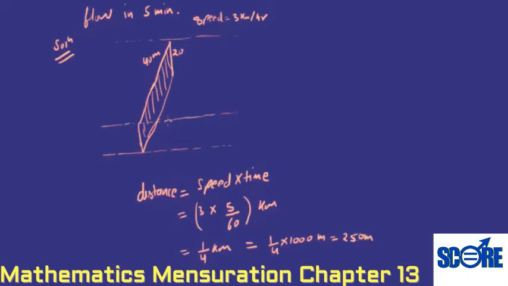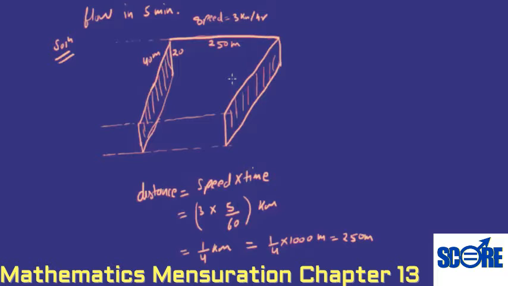So the distance traveled by this cross section is 250 meter in 5 minutes. After 5 minutes, this cross section will come to this position. So this distance is 250 meter.